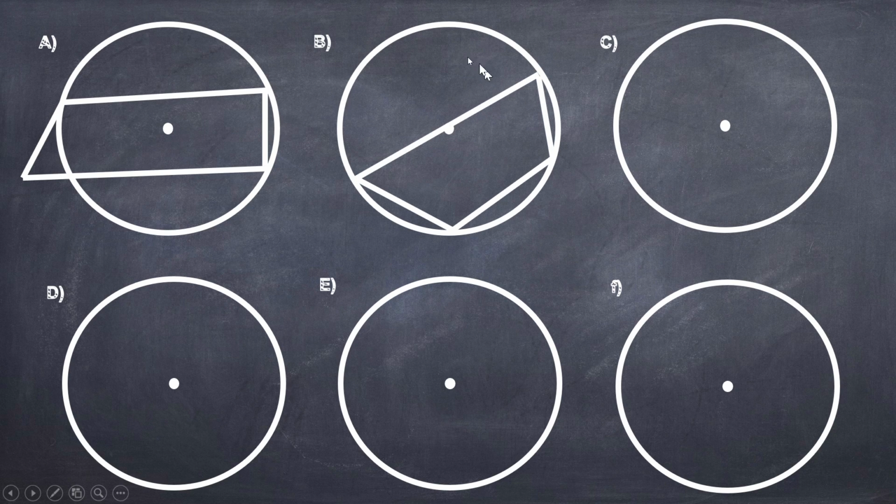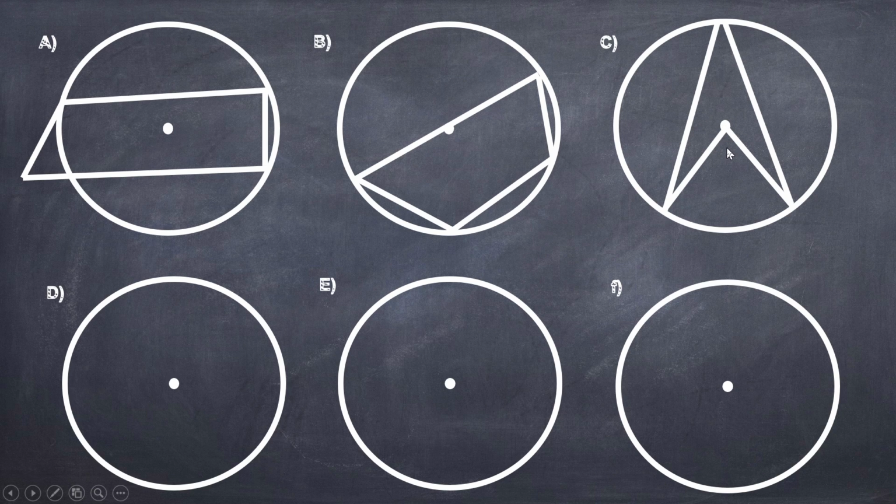Next, look at question B. So B is a cyclic quadrilateral because all the vertices lie on the circumference. How about C? Okay, as you can see, there are only 3 vertices lying on the circumference, and the other one is lying on the center of the circle.